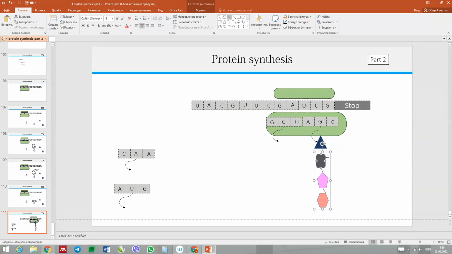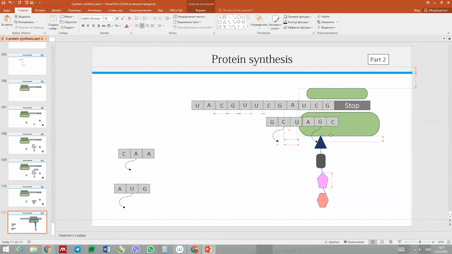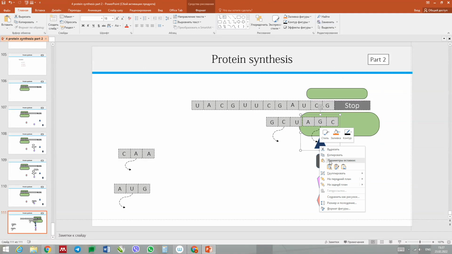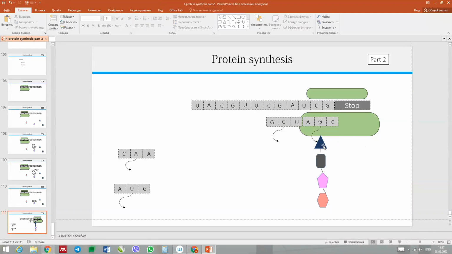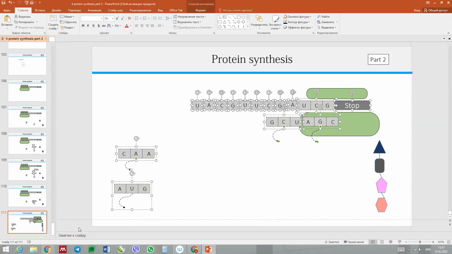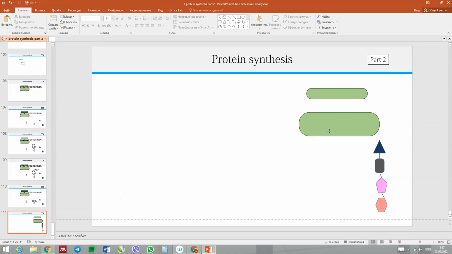Until the moment when a ribosome will reach the so-called stop codon. Stop codon is a triplet that does not encode any amino acid. And then all this beautifully organized but not yet functionally active primary structure of the protein will be released. What will happen next? Next will happen so-called post-translational modification.